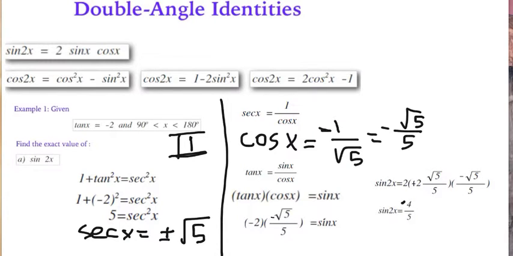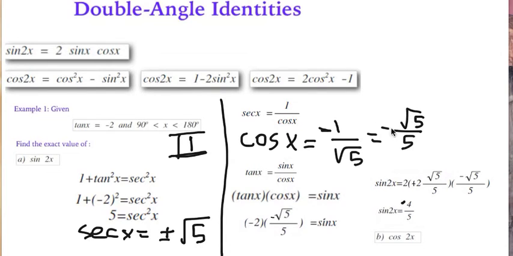Now, part B. If you are asked to find, for example, the value of cosine 2x, this is part B. Find the value of cosine 2x. This is very simple. Just use one of these 3 formulas. I think I'm gonna choose this one: 2 cosine squared minus 1, and I have the value of cosine here.